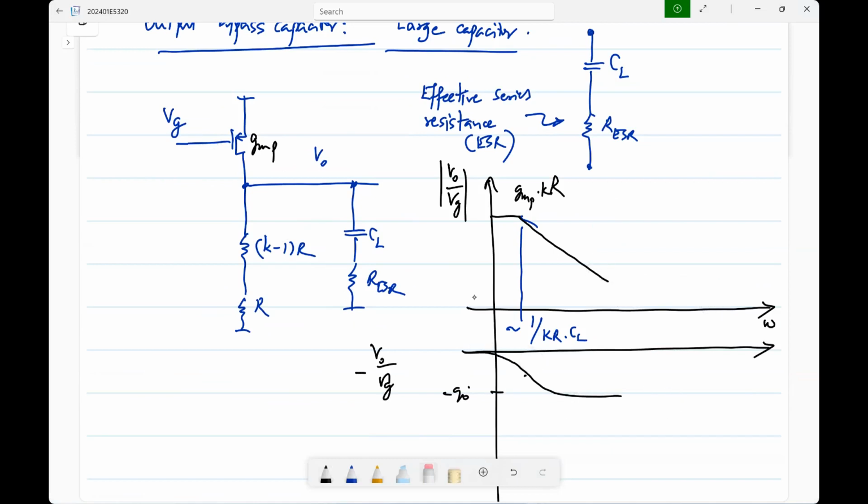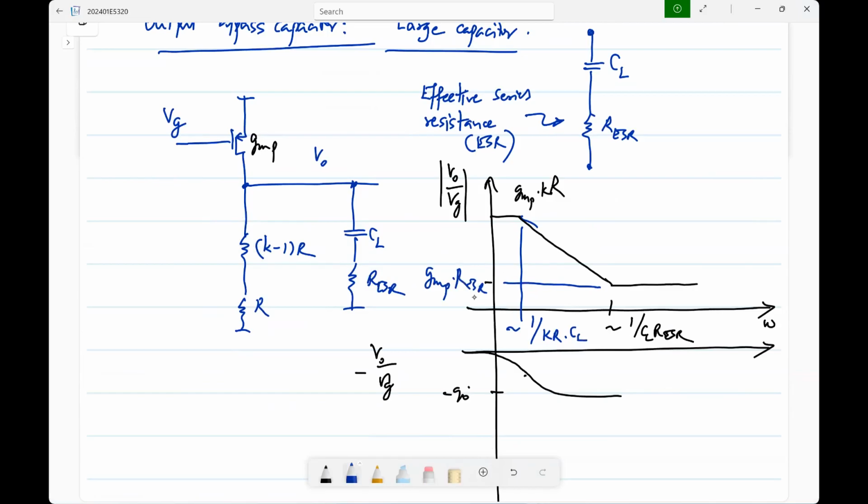But then what happens at very high frequencies? Basically, this becomes a short circuit and you only have RESR as the load. It will be RESR parallel to this, but if this is very high, it is approximately RESR. So this frequency will be approximately 1 by CL RESR, and this gain will be GMP RESR.